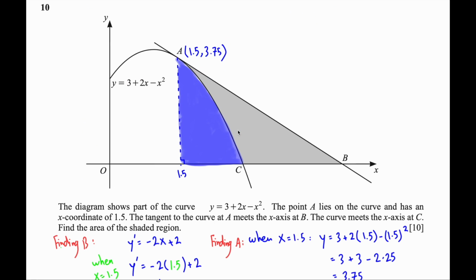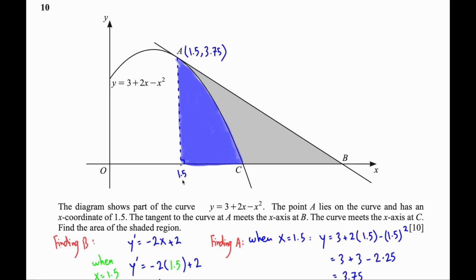Question number 10. So in question number 10, you're given the equation of a parabola which opens downward, and as you can see, there is a tangent line also mentioned in the question which is touching the curve at point A. The only thing I know about point A is its x coordinate.